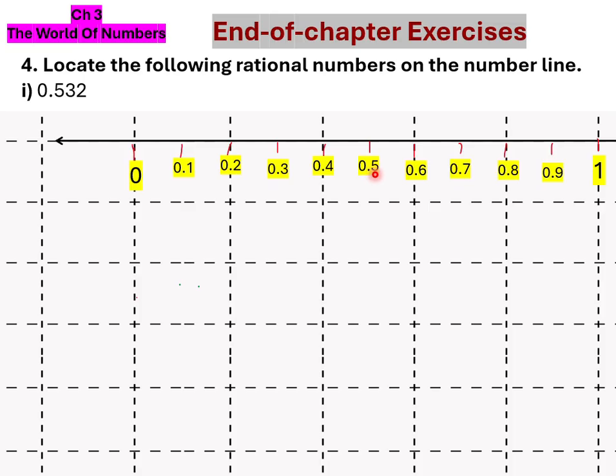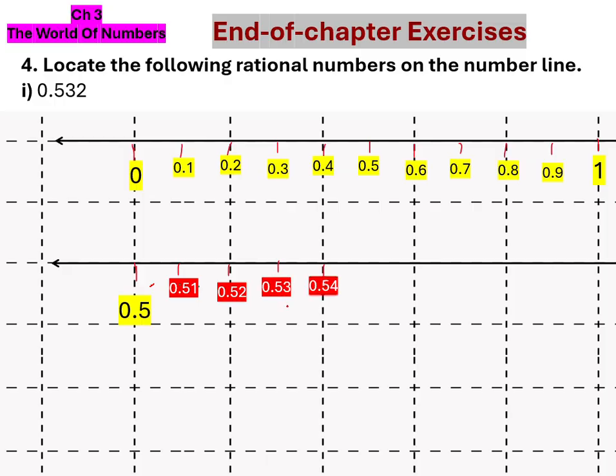Again, we will represent the decimal numbers from 0.5 to 0.6. Let's see how to represent them. 0.5, then 0.51, 0.52, 0.53, 0.54, 0.55, 0.56, 0.57, 0.58, 0.59, 0.6.